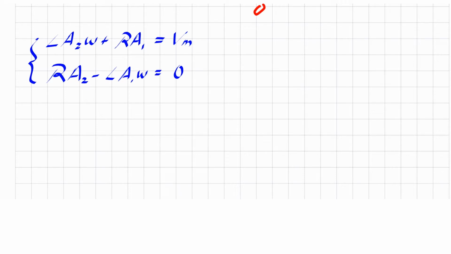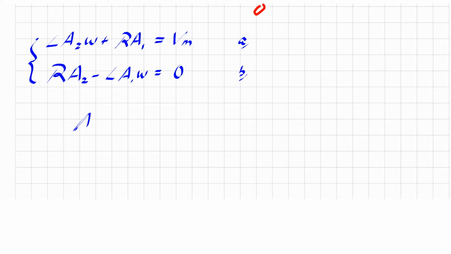So we're going to solve that, and I'm going to call this equation A, and that's equation B. In these two equations, what we wanted to figure out is A1 and A2. So we work that out.